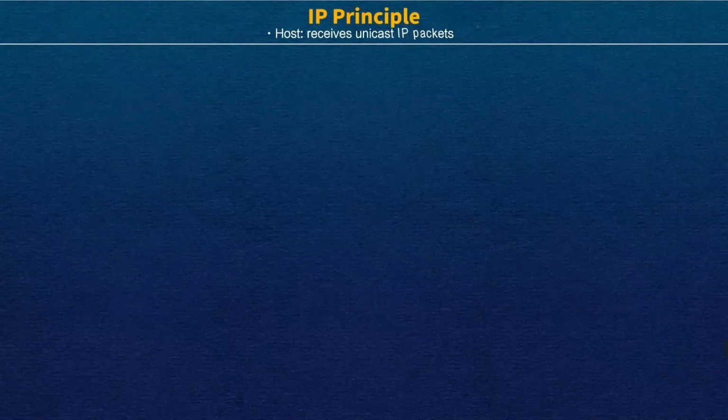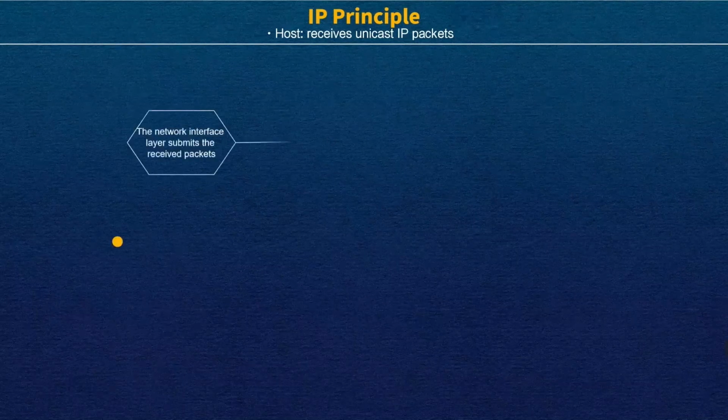The next one, when the host receives the IP packets, right? The first scenario is the host sends out the packets, and the intermediate router may directly deal with the packets, or maybe help to forward the packets. Then if the host receives unicast packets, how does it process them?